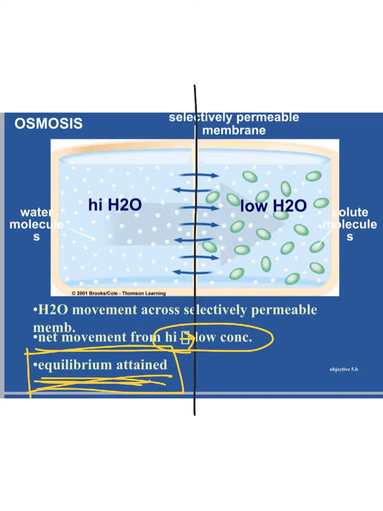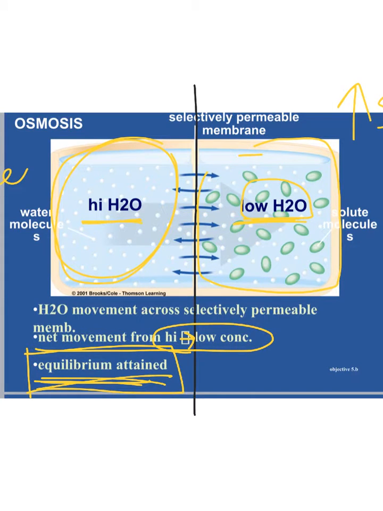You can see over here we have all these little green solute molecules. So this side is very high solute concentration, therefore it's going to be low water. This other side is exactly the opposite. We have no green molecules over here, so we have a very low solute concentration, and therefore we have high water.